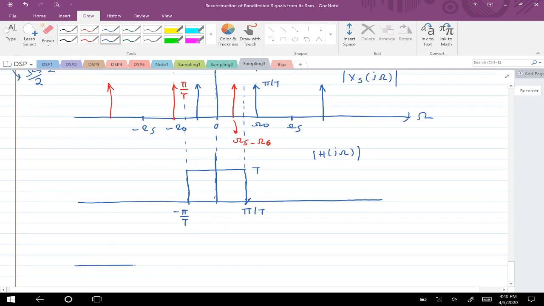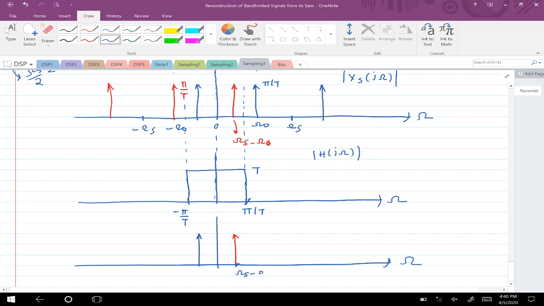So you multiply them both, and see what you are going to get here. This is again omega, this is again omega. You multiply them both and you would end up with 1 here. At omega s minus omega naught you had this, and similarly you had one more here.